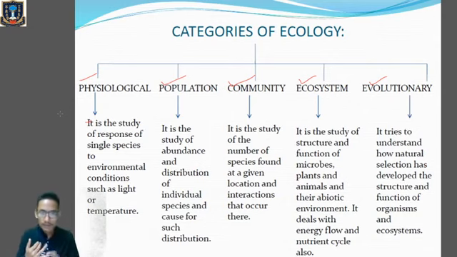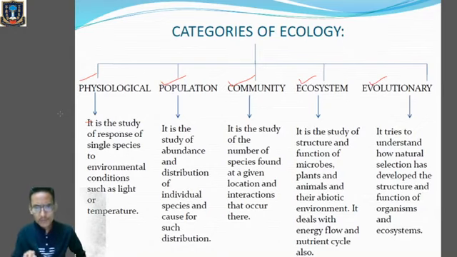All right, and what are those conditions? It may be light, it may be temperature, or it may be any other environmental factor, like water also, it can be one of the factors. So physiological ecology deals with the study of response of a single species to environmental conditions. That is, how will the species respond to the light, or how will the species respond to changes in the temperature, or how will the species respond to a factor like water, or air.